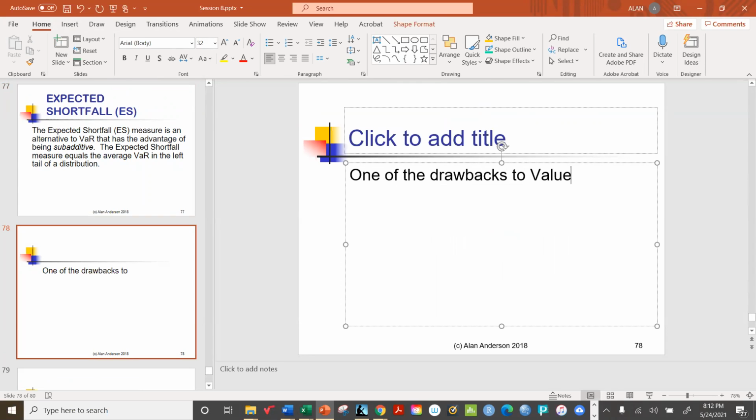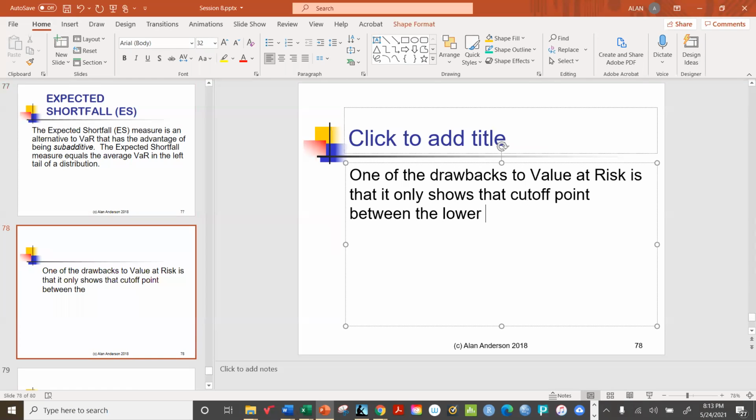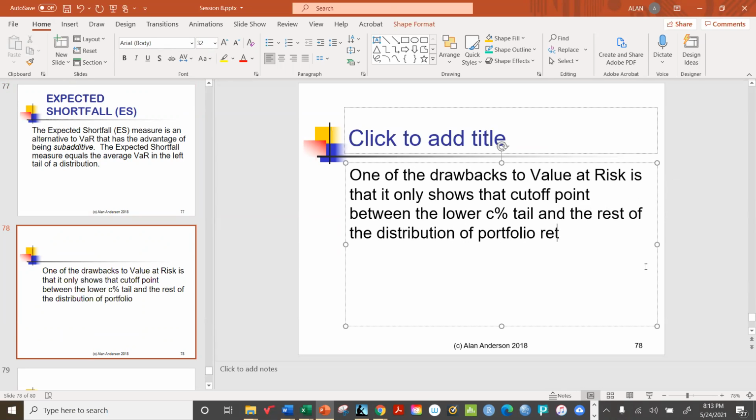to value at risk is that it only shows the cutoff point between the lower, let's say 5% tail, and the rest, or actually I could just replace that with C. It could be any value we want, and the rest of the distribution of portfolio returns.